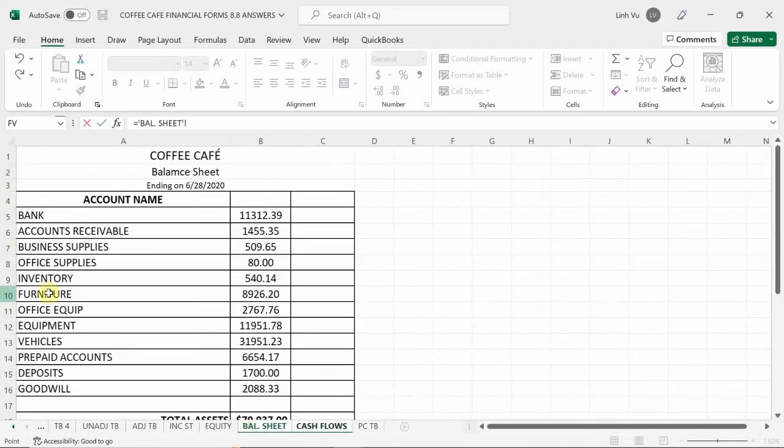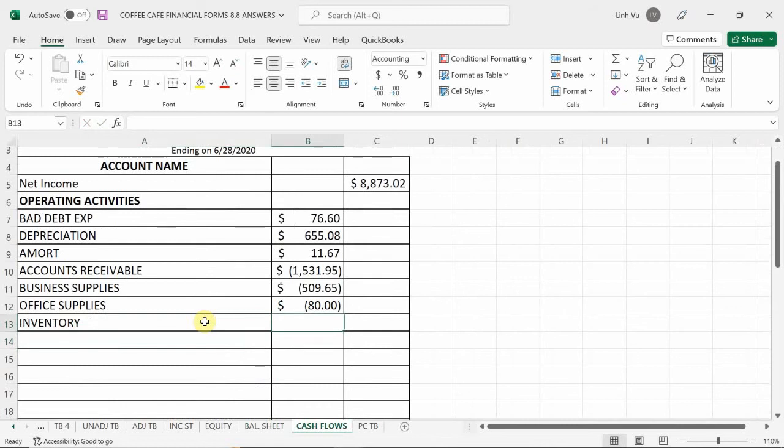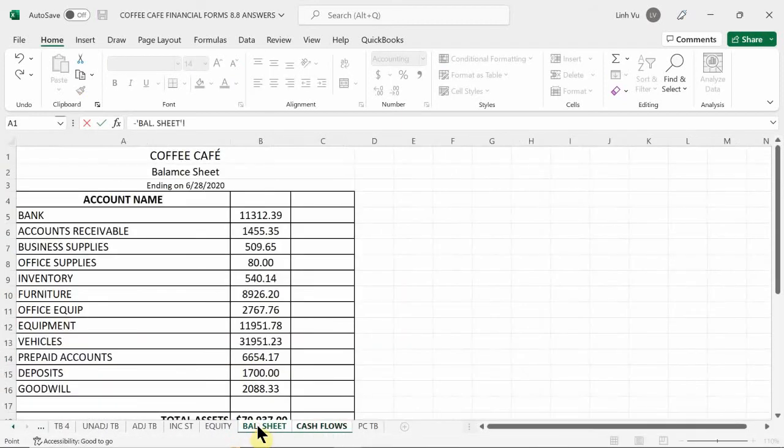What about my inventory? Have I sold my inventory yet? No. So all this money I have for my inventory, I spent to acquire it. But second, I never sold them. If they're still in my inventory on hand, I haven't sold them for cash yet.